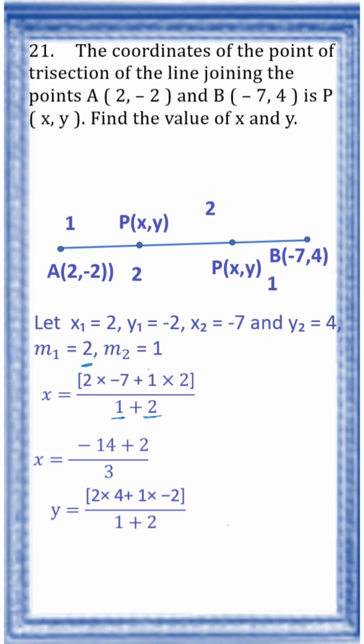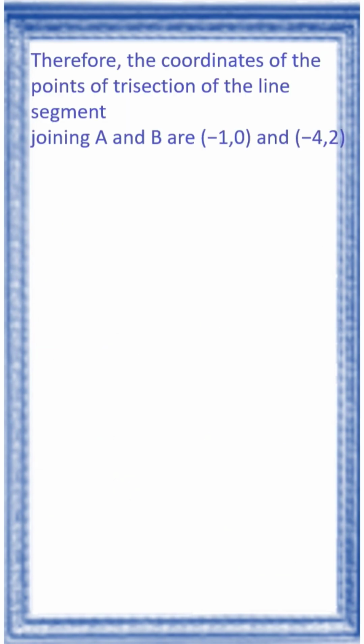Solve it, you will get negative of 12 by 3, that is equal to negative of 4. For y you will get 8 minus 2 by 3, that is 6 by 3, that is y is equal to 2. So now we got the 2 points, isn't it? Points of trisection: the first point is negative of 1 comma 0. The second one is negative of 4 comma 2.